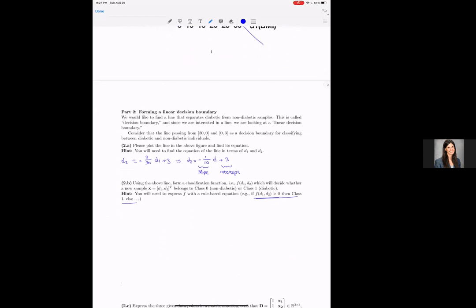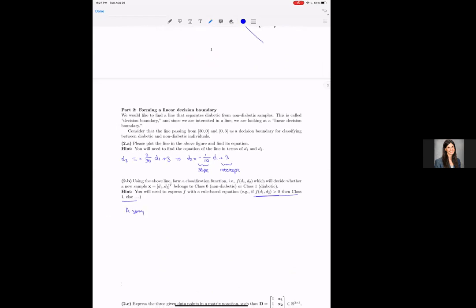So if we were to put this down on an equation, we would say that a sample X belongs to class 1, which is the diabetic class, if it is on the right side of the line d2 equals minus 1 over 10 d1 plus 3.